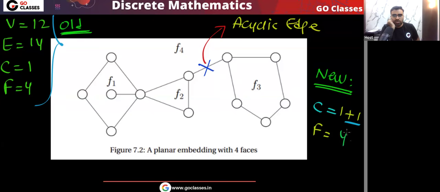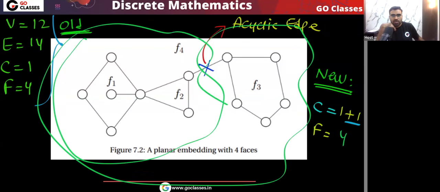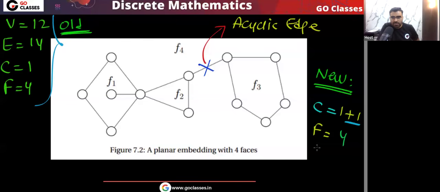That will be unchanged. You can check. If I delete this edge, I still have 4 faces. There will be an outer face like this. So you can see the number of faces is unchanged. And the number of edges, I am deleting one edge, so it will be 13, and the number of vertices will be unchanged. So basically just focus on the number of components and number of faces.